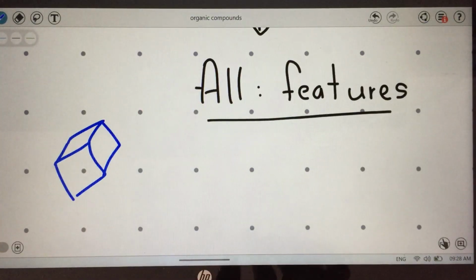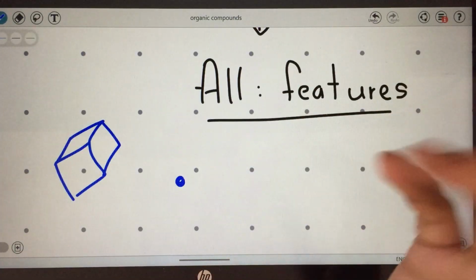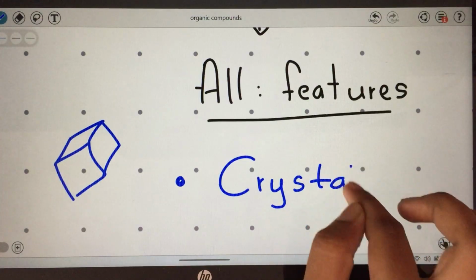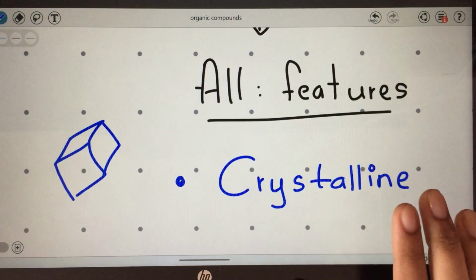Now sugar cubes. Okay, so sugar cubes, what can you say about those sugar cubes? You can say they are crystalline, right? So they are solid. No, in the basic form they are solid, so they are crystalline.